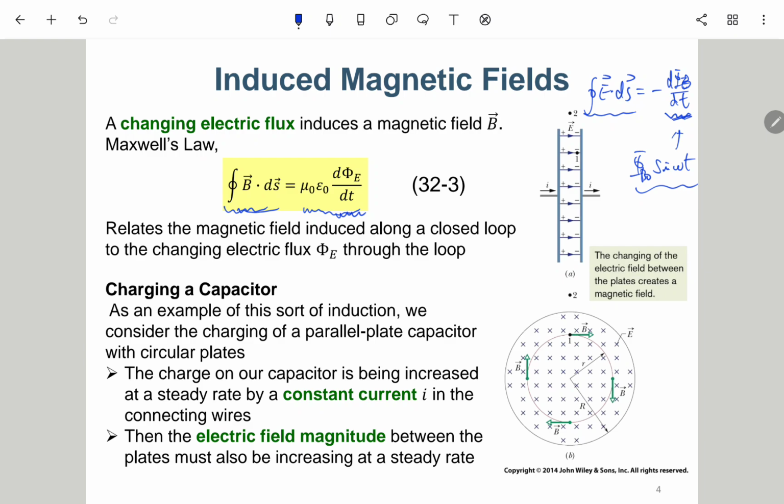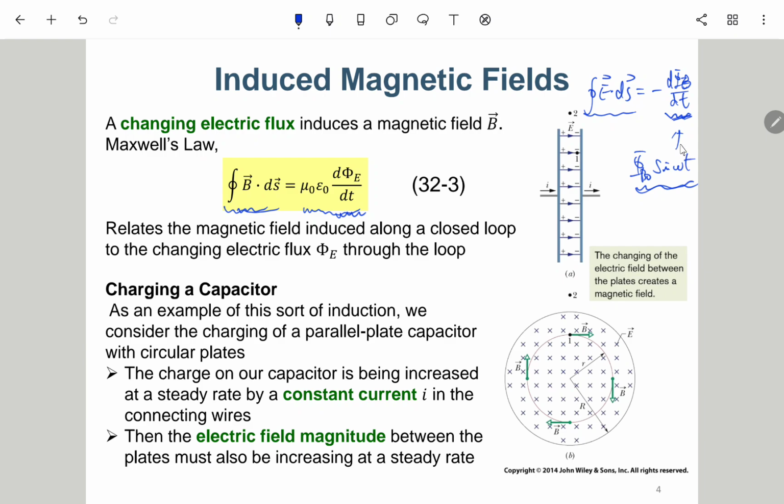You can easily generate that using a solenoid. In chapter 30 we learned the solenoid, and in chapter 31 we talked about the transformer. If you provide an AC source to a solenoid, it will generate a time varying magnetic flux.